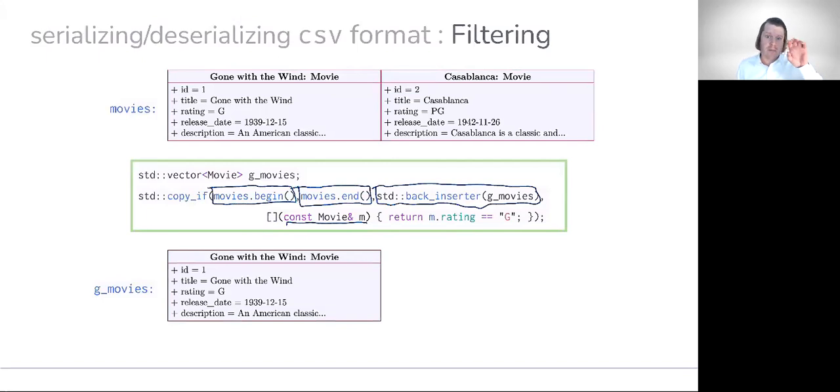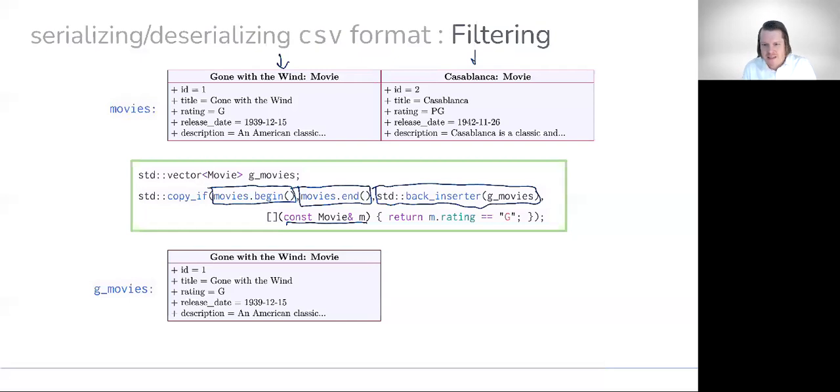So if we're going from the first movie object in my collection to the last, first time through, M is going to be Gone with the Wind. After we visited that element, the next movie would be Casablanca.